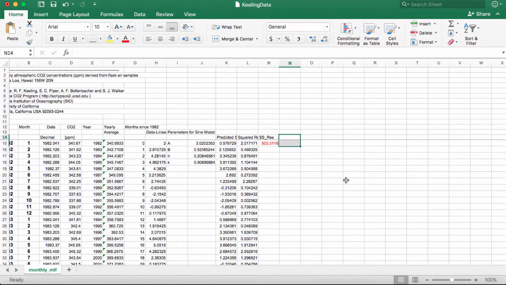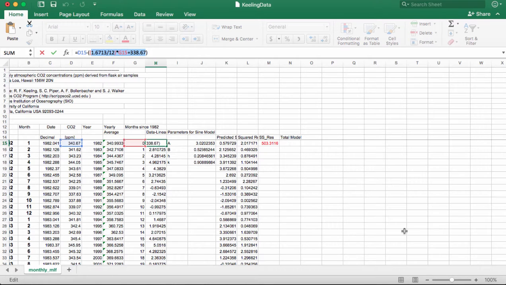So we can be pretty secure that we've got a decent model at this point. Now, if I look at my total model, that's going to be the predicted linear part, which we said was, oh goodness, what was it? It was 1.6713 over 12 times some business, plus some business.